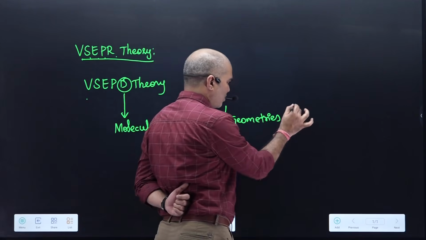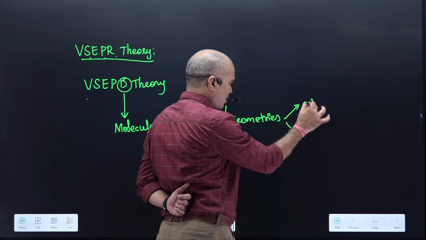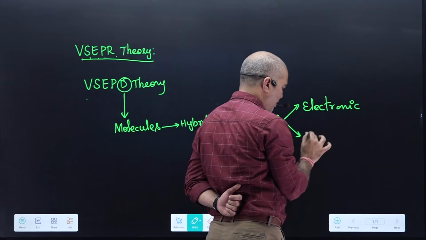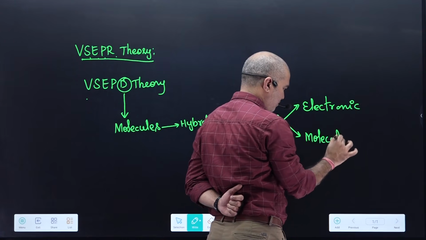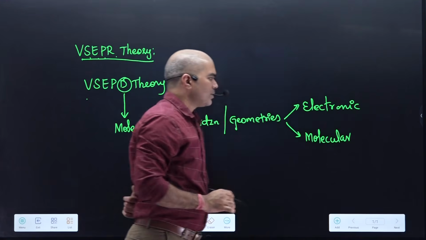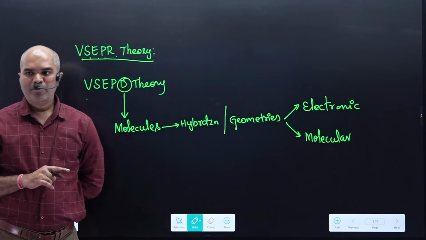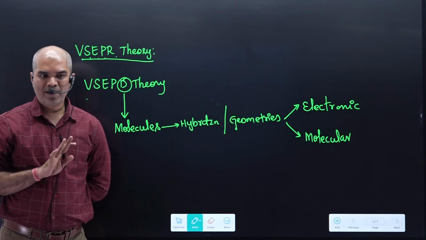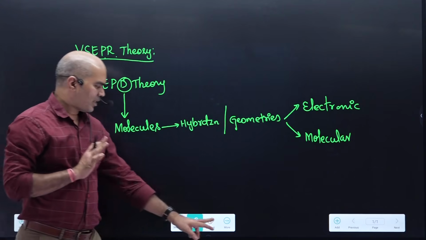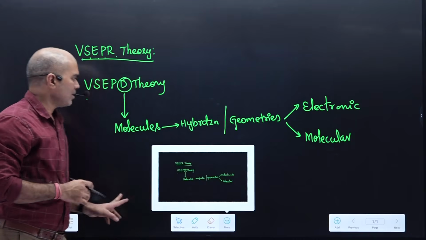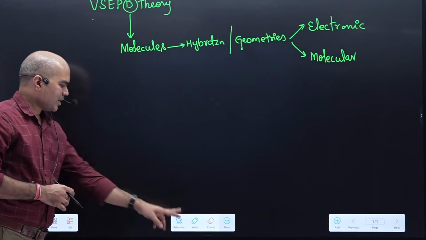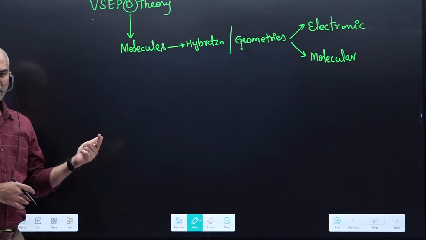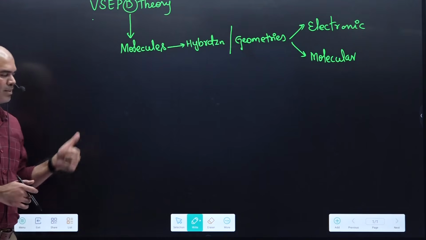When I speak about geometries, we can speak about electronic geometry as well as molecular geometry. It can explain both. So I'll give you some basics for VSEPR theory. First of all, VSEPR theory explains the structures of molecules, their hybridization and their geometries.